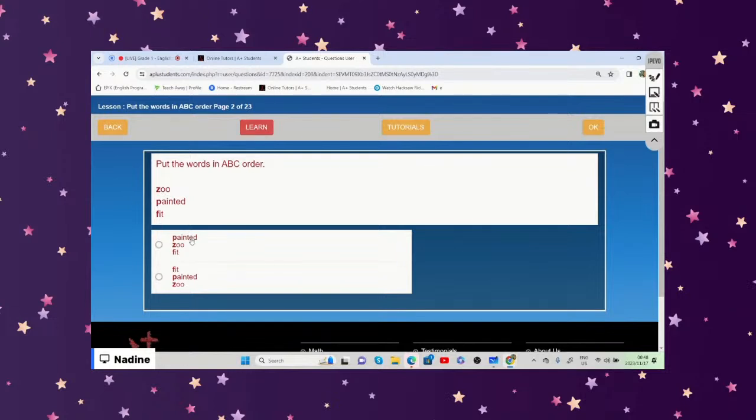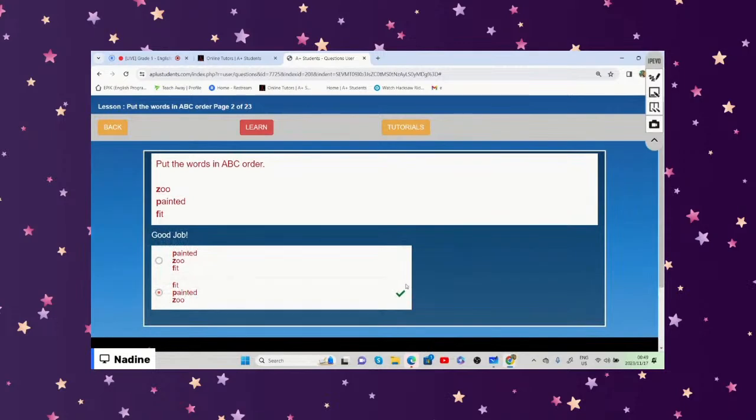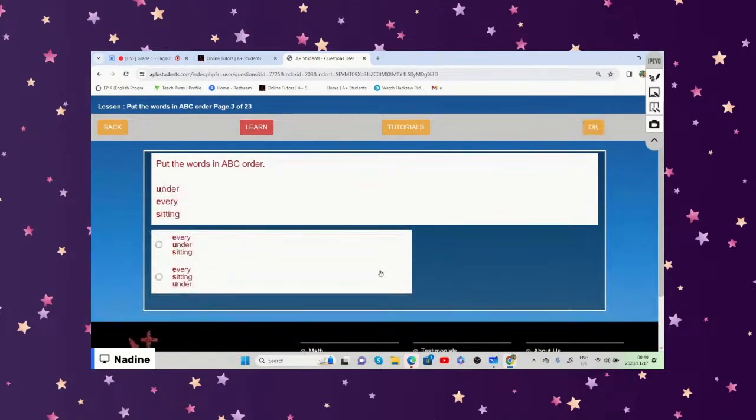So is it going to be painted, fit, zoo, or is it going to be fit, painted, zoo? All right, so we're going to go with fit, painted, zoo. Yes, F, P, and Z. So well done. F, P, and Z is correct.